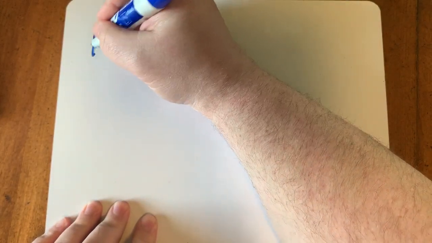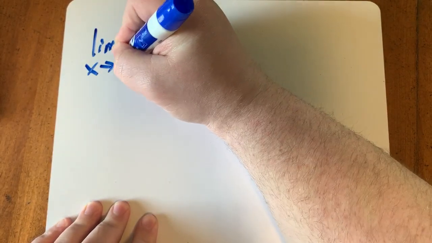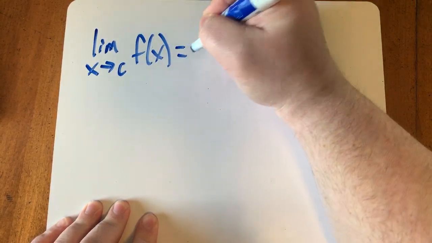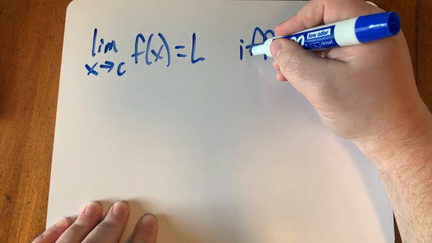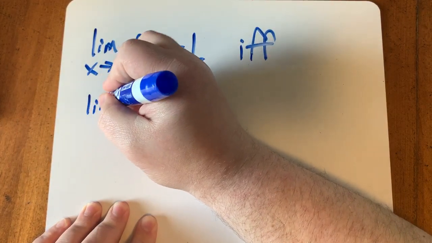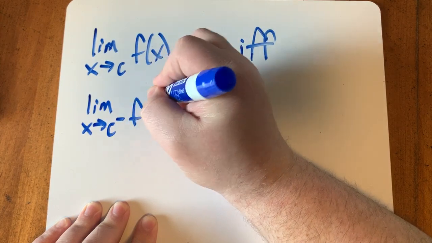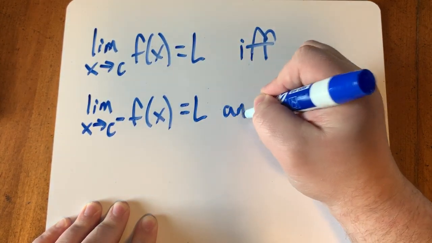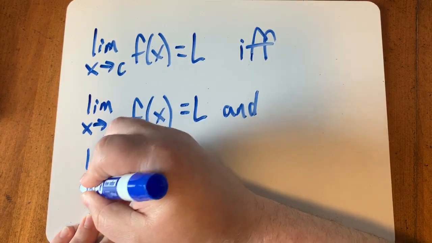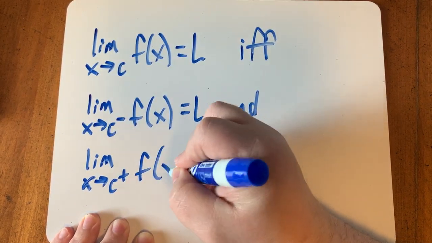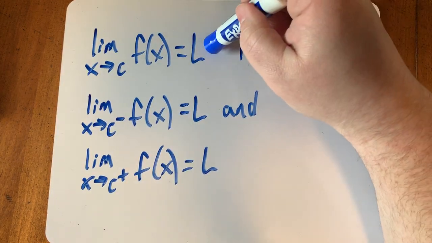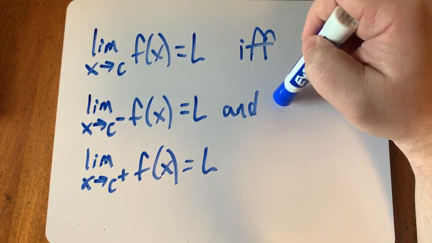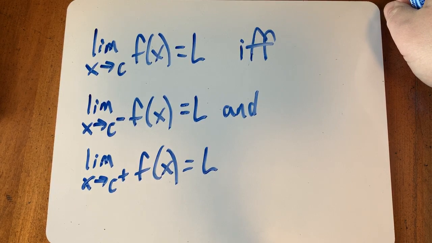So the statement, the limit as x approaches c of f of x equals L if and only if the limit as x approaches c from the left side is L, and the limit as x approaches c from the right side is L. So the only way for a limit to exist is if approaching from both sides, it's the same. All right?